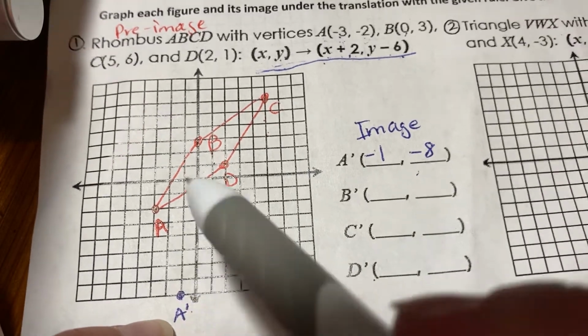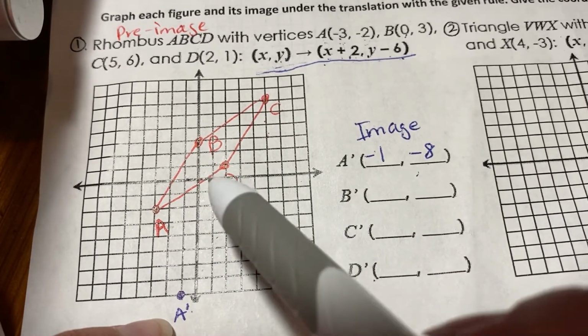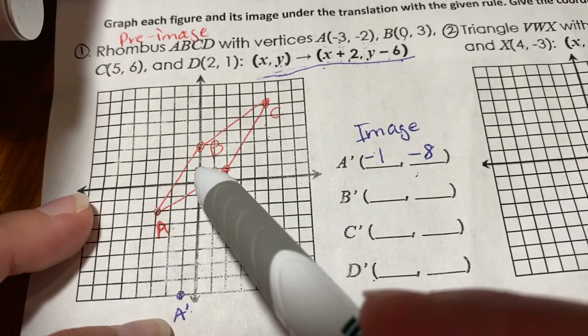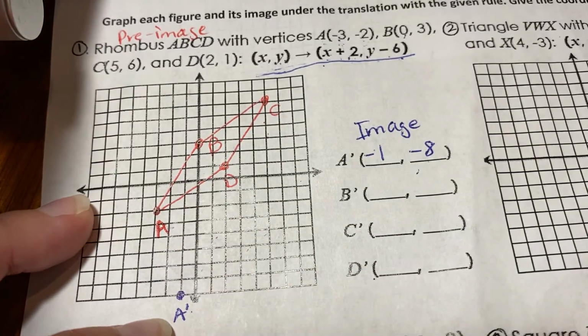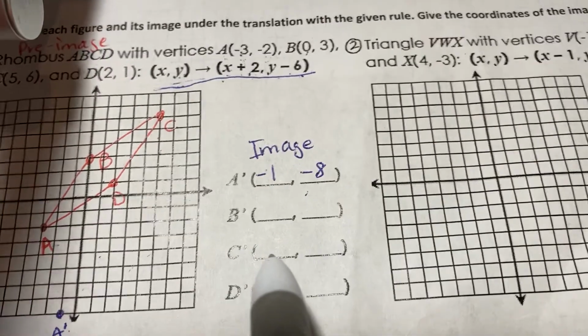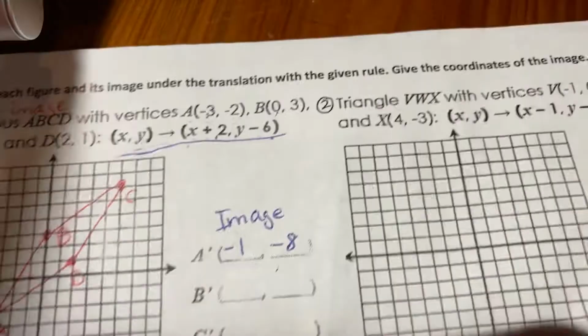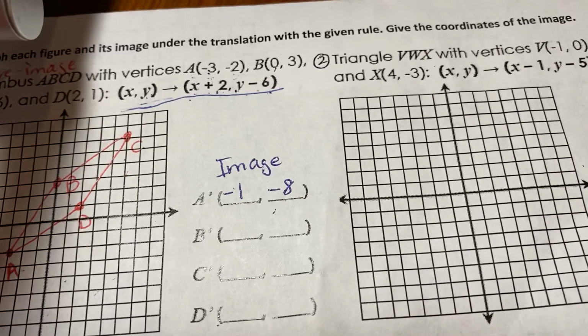All right, so if I drew out all of these points, what I would see is that my pre-image slid diagonally down and made a new image. So I want you to pause the video and try to do your other points by yourself. I'm going to do them, and I'm going to draw it, but I want you to try and do it by yourself.